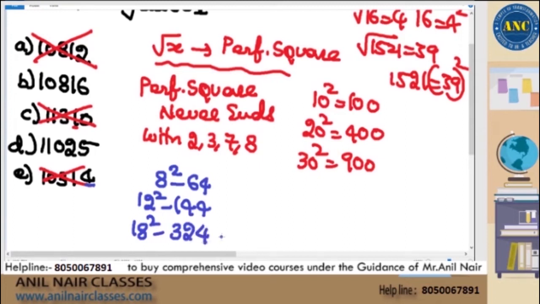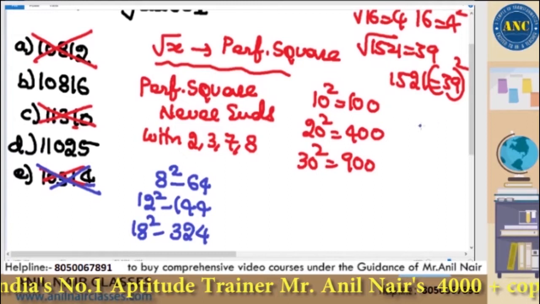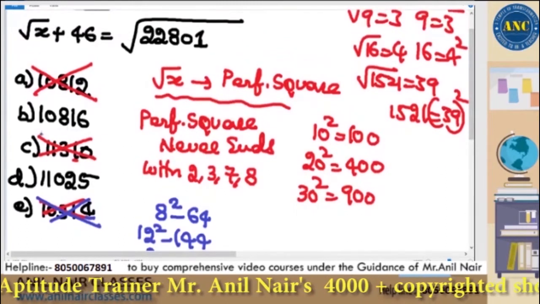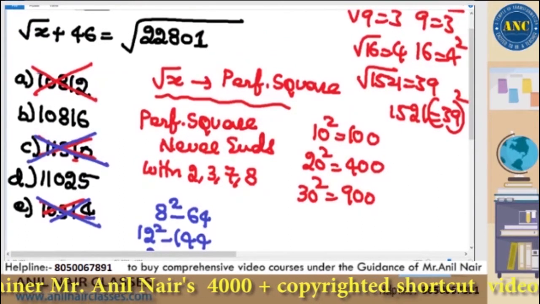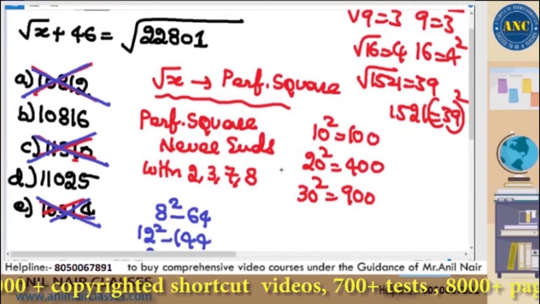Any perfect square ending with 4 has an even tens place. But this one has 1 in the tens place, so it is also eliminated. By knowing the perfect square logic, this, this and this are eliminated. I hope it is clear.